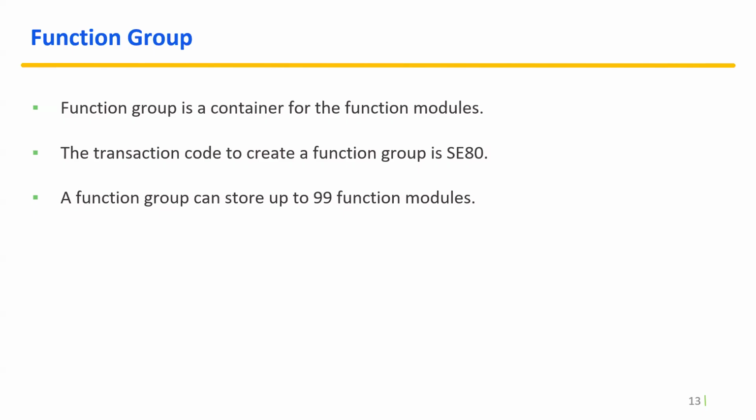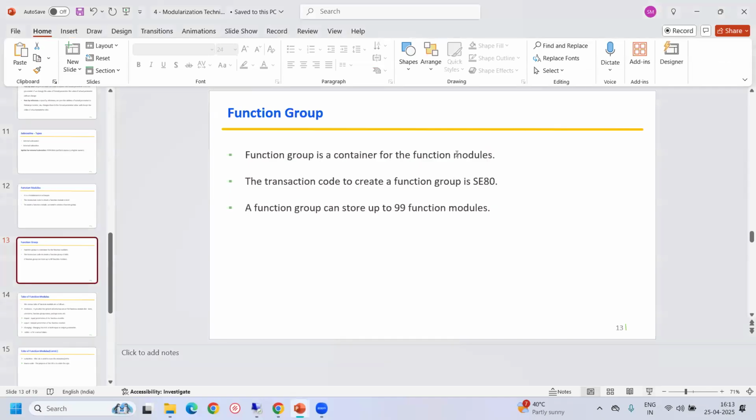What is the transaction code to create a package? You forgot this. SE21. Yes, SE21. And there is one more transaction code, SE80 also. With the help of SE80, we can create packages, function groups, programs. I told you it is like a central repository.